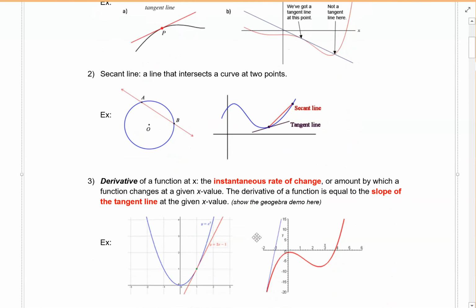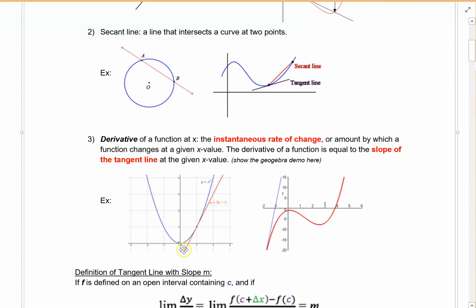Now, why do we want a line that will touch a curve or lay alongside it? Because we are going to use that slope to find what's called the derivative. That's our third vocabulary term in this list. The derivative is the instantaneous rate of change of the function. This is the first question calculus seeks to answer: how do you find how quickly a function is changing at an instant?